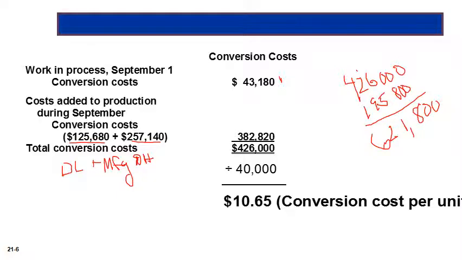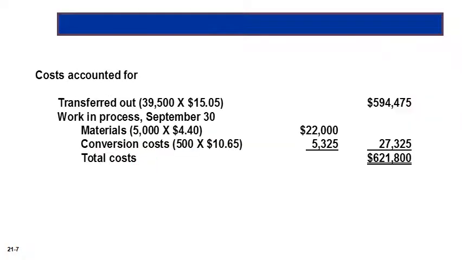We need to keep track of that because that's what we're going to have to reconcile in the next section. See right here, that's 621,800, because that's what we're trying to prove, that we allocated $621,800.